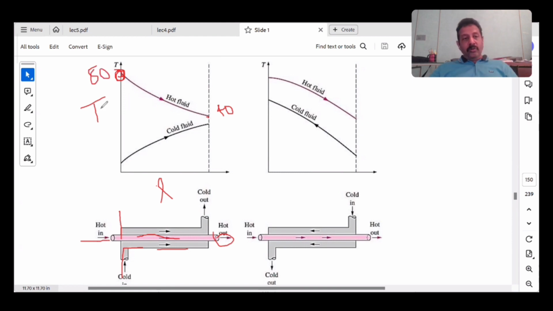Right? Now look at the cold fluid. The cold fluid is entering at a lower temperature.